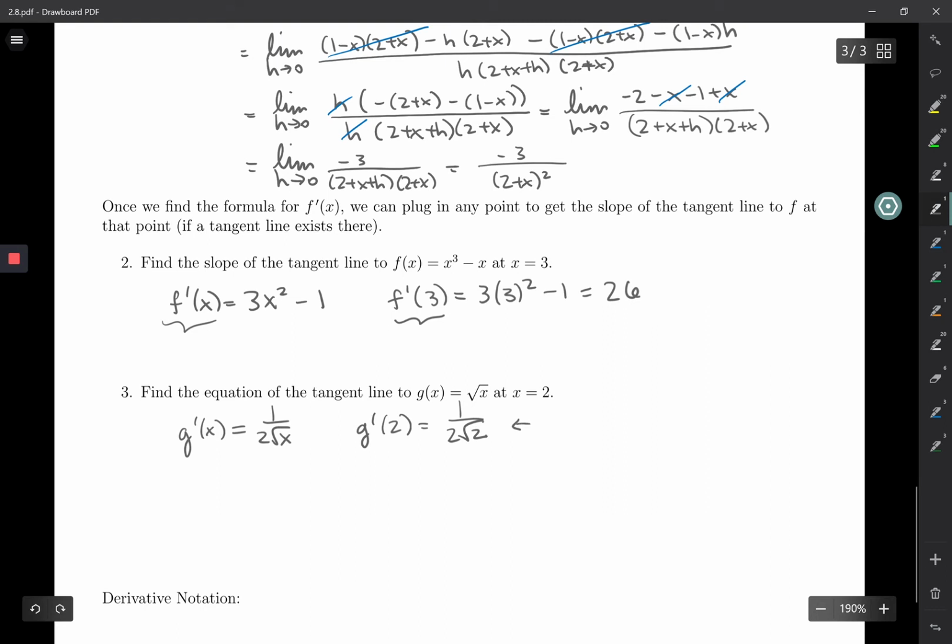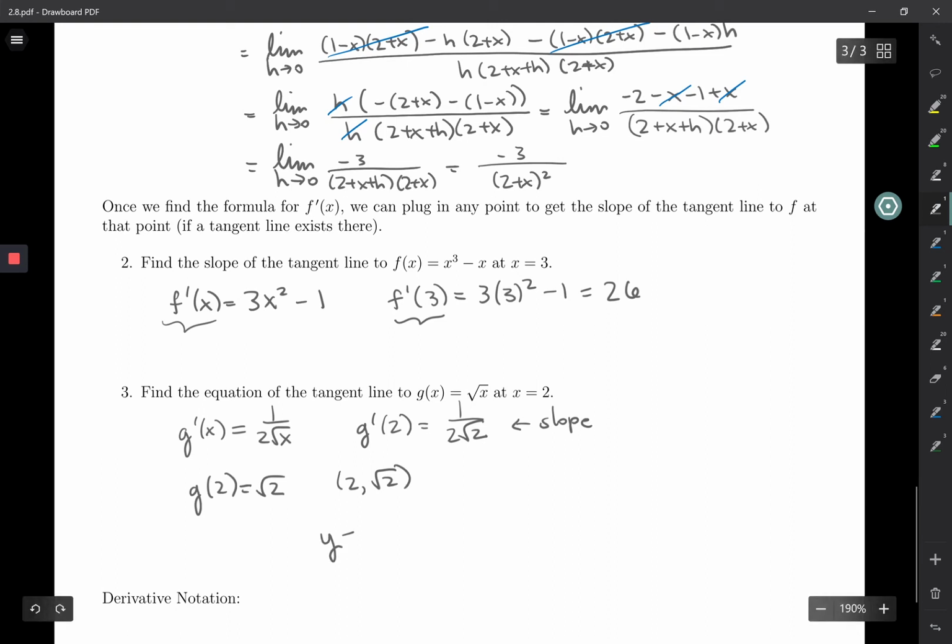So this is our slope. And then we need a point on the line, so we can just plug in 2 to g, the regular function, and that will give us square root of 2. So that means that our x coordinate is 2 and our y coordinate is square root 2. Okay, so there's our point, there's our slope.